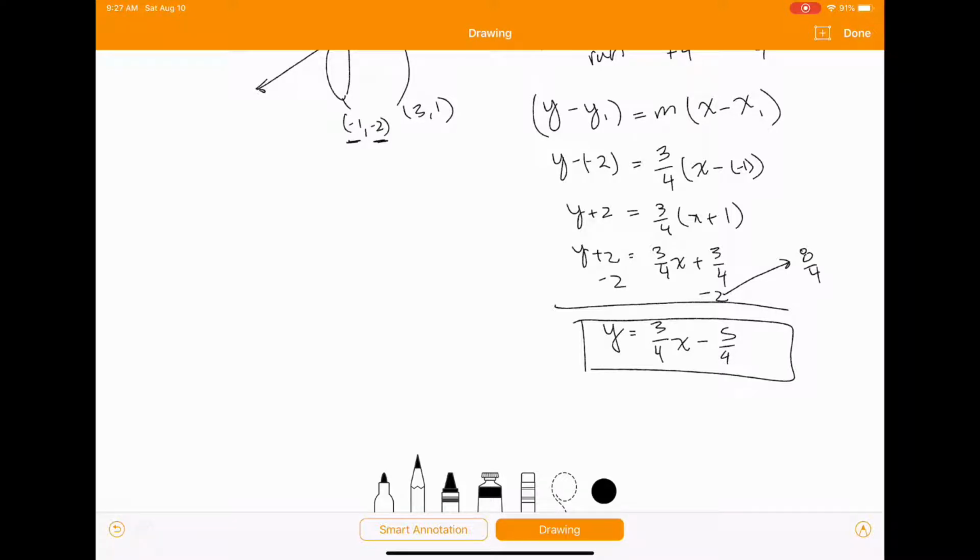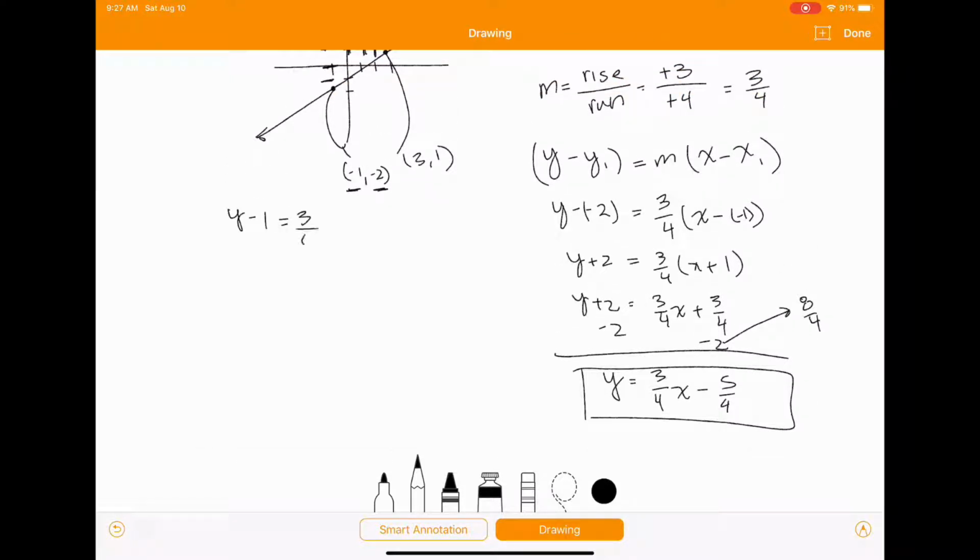Now, if you wanted to use the other point, you can go ahead and do that as well. So y minus 1 equals 3/4 times x minus 3. So y minus 1 equals 3/4 x minus 9/4, add 1 to both sides, which 1 is really 4/4.